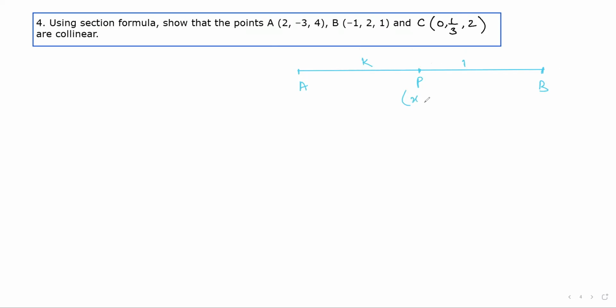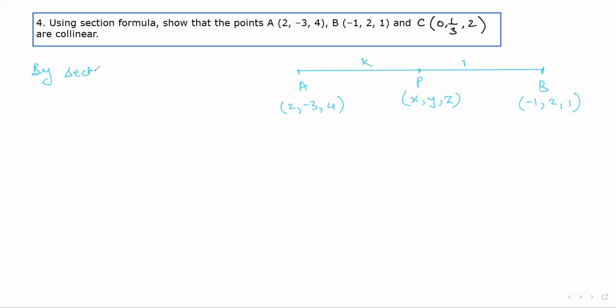So P point will be (x, y, z). A is given as (2, -3, 4). And B is given as (-1, 2, 1). So let's calculate by section formula.